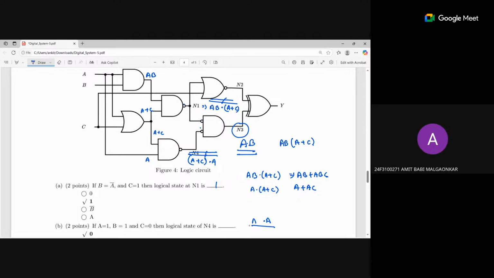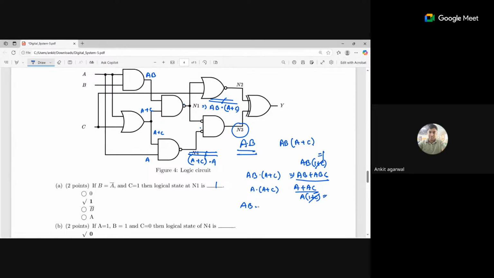If we take the ANDing of these two, so AB. From there I am taking AB as common, so 1 plus C is remaining. Here I am taking A as common, so 1 plus C is remaining. So this is 1, this is also 1.